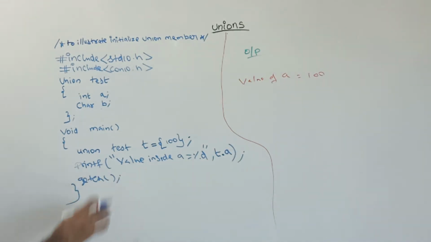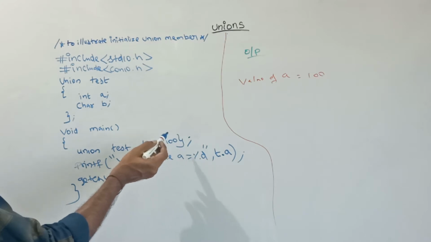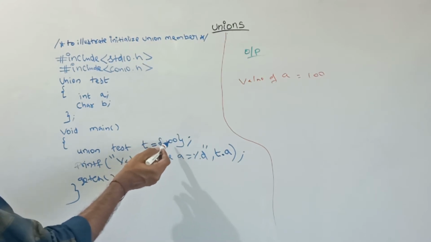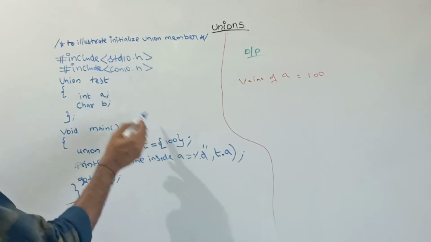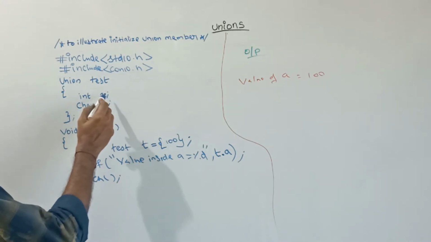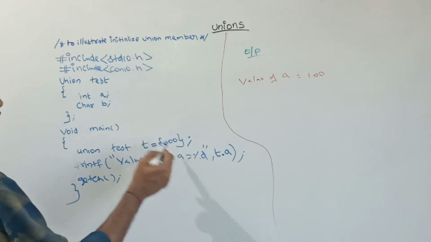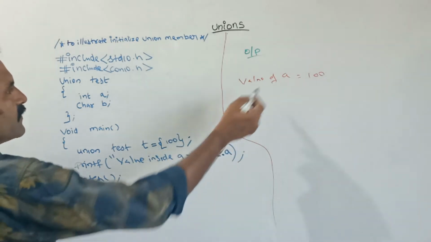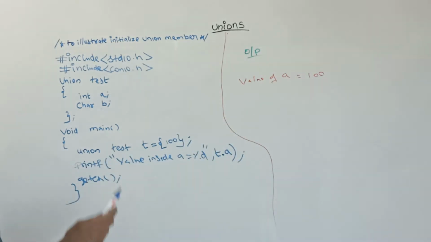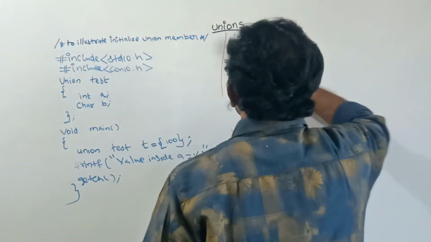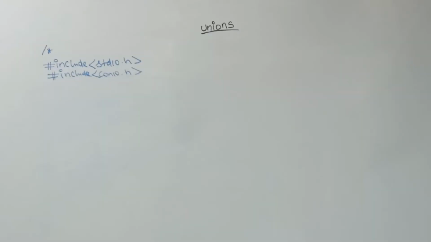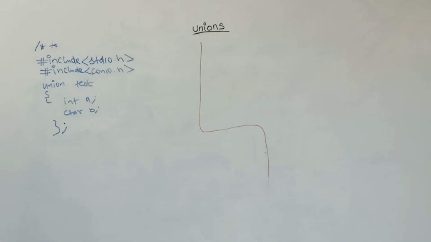We can initialize like this also. The 100 will be stored, or initialized, to the first member, so the 100 will be initialized to the union member A. Here I am telling it to print the value inside A, so this value 100 will be printed. In this way we can initialize the value for the union members. Now let us see how to access the union members.